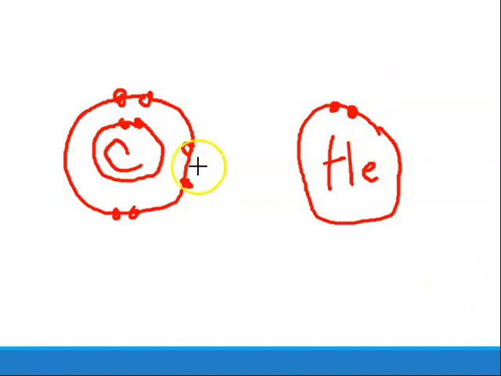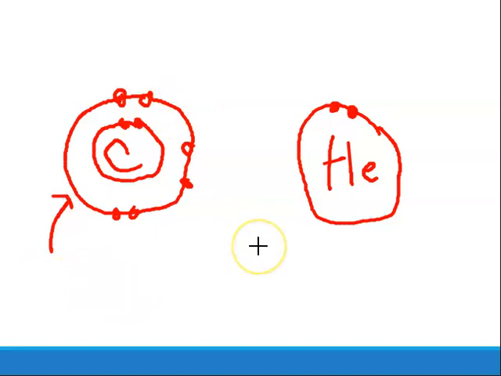Now, which one of these would be more active, or would be more likely to bond with another atom? Would it be one that already has all its orbitals full, or would it be the element who still has missing electrons in the outermost orbital?